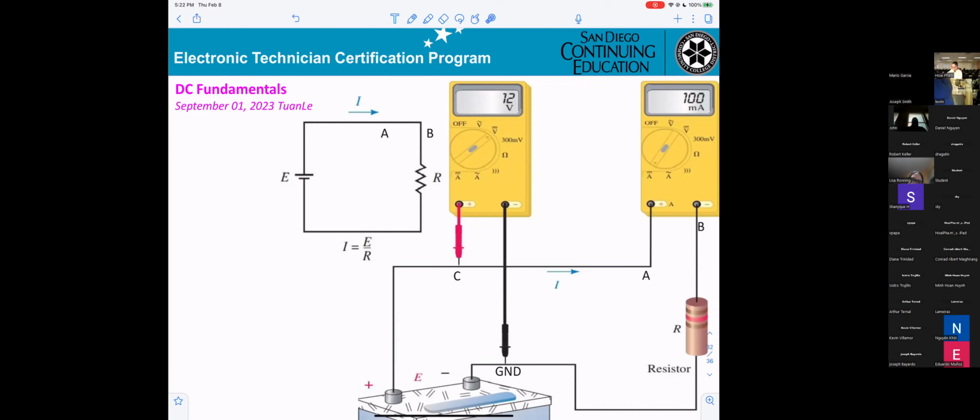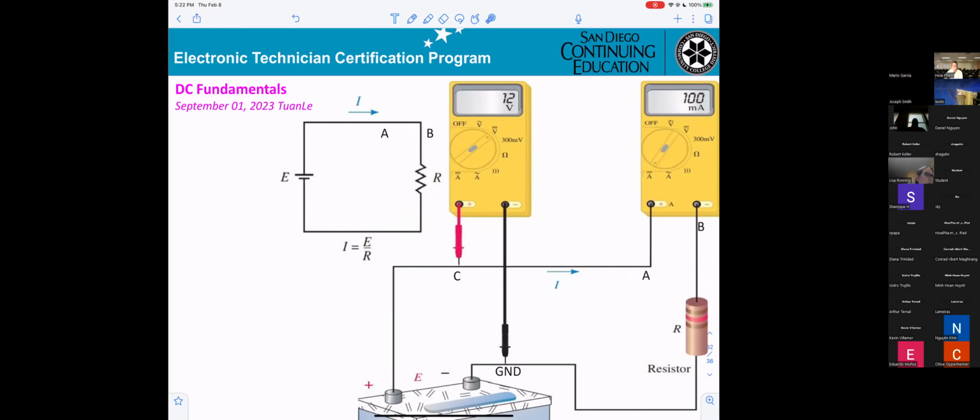However, you have to let the current go through the meter and go back to the resistor. That's why you have to break the circuit. That is the way to measure the current.